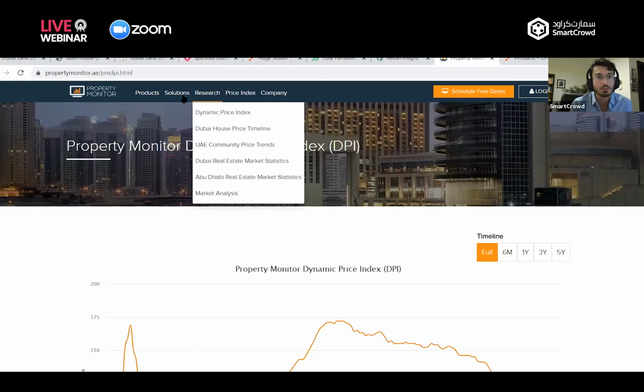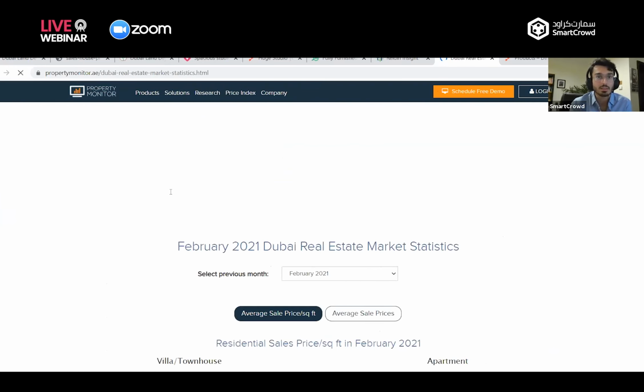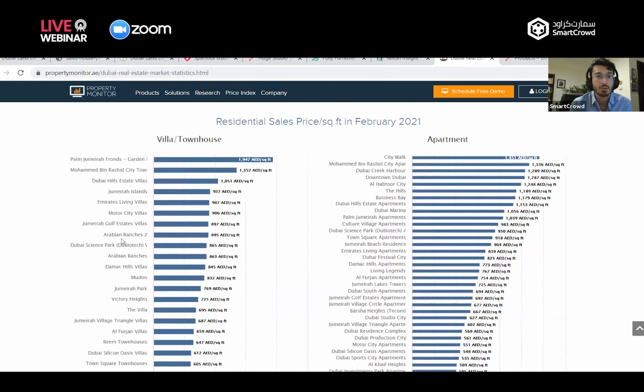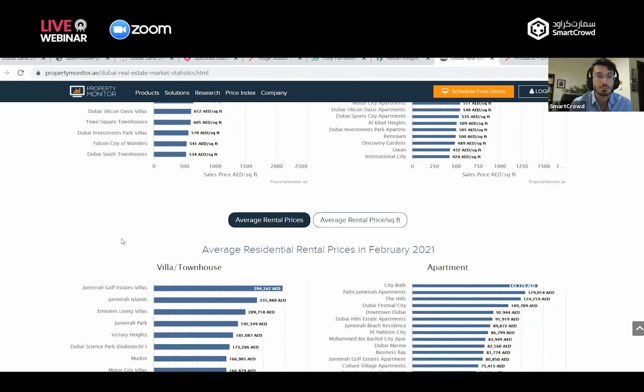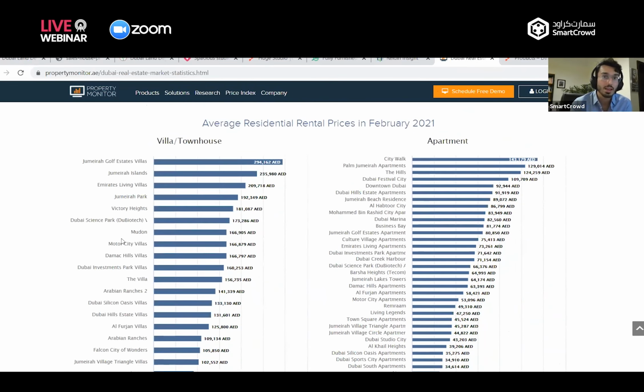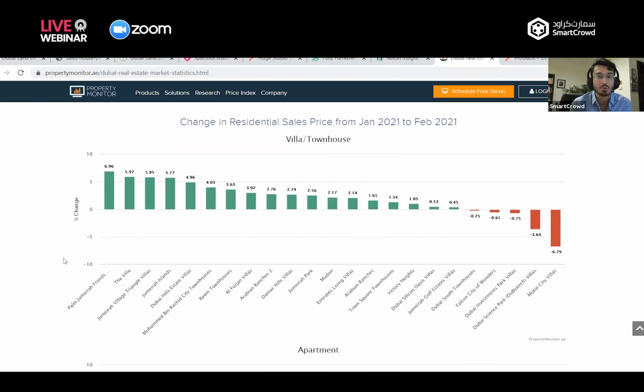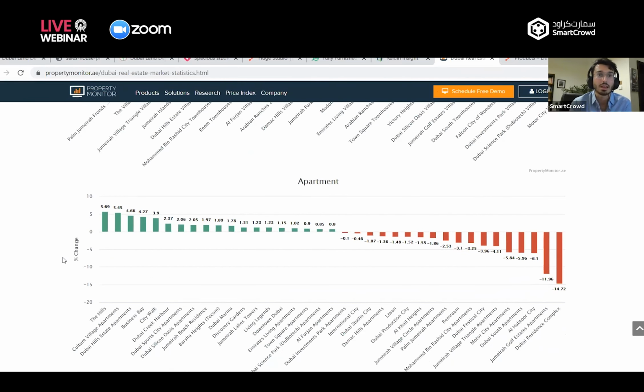If you're looking at a studio, an apartment or a villa, these are different asset classes, and typically they'll have different trends. So if you're analyzing an apartment, it's extremely important that you do so with the apartment market. You can always look at the overall market, but to make a more informed decision, don't go on general data and assume that's what the property you're looking at ought to be doing as well.